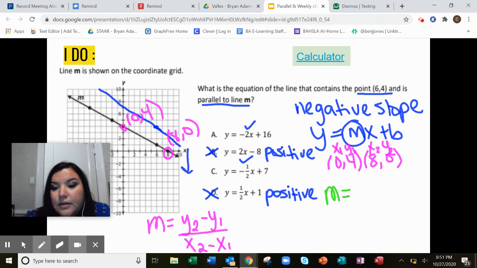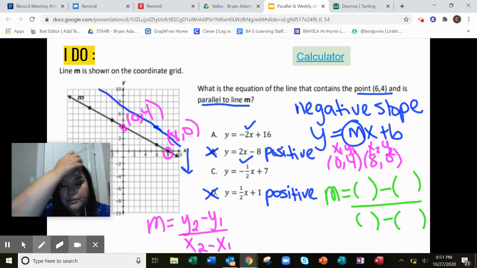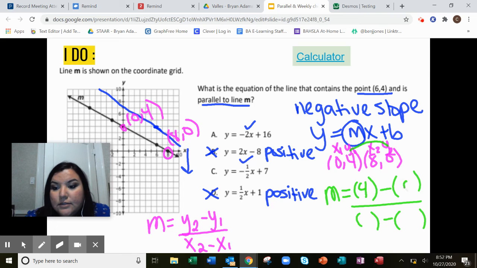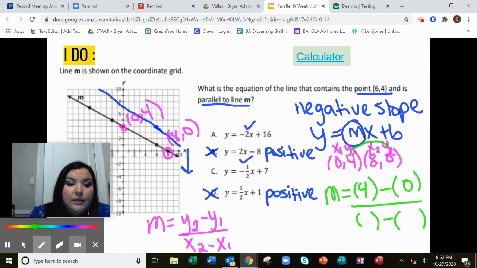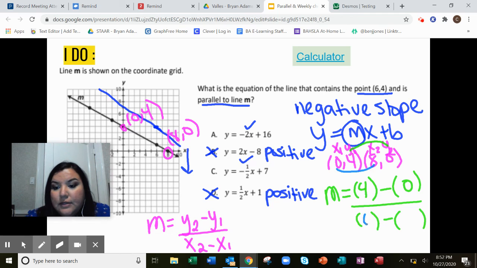So m equals, parentheses, minus, parentheses, over parentheses, minus, parentheses. I'm putting parentheses because we're going to replace those with the values that we have in our points. I'm going to subtract my y's first, so here I have 4 minus 0. And then I'm going to subtract my x values, so I have 0 minus 8.